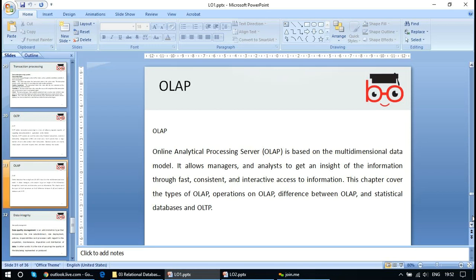And for example, if you connect the database with the application, you talk about the ODBC, object database connectivity, and you connect with the database with the JDBC, Java database connectivity. So these are the protocols basically. OLAP is also a kind of server type protocol which is used for databases.